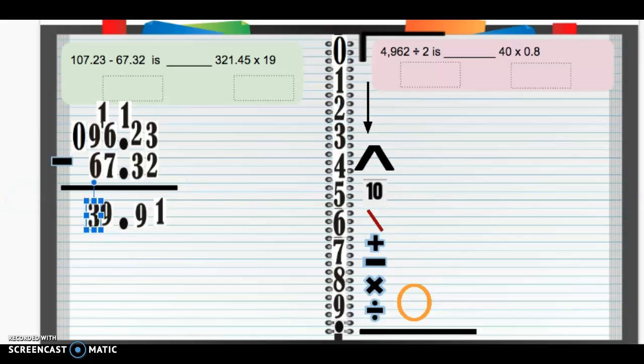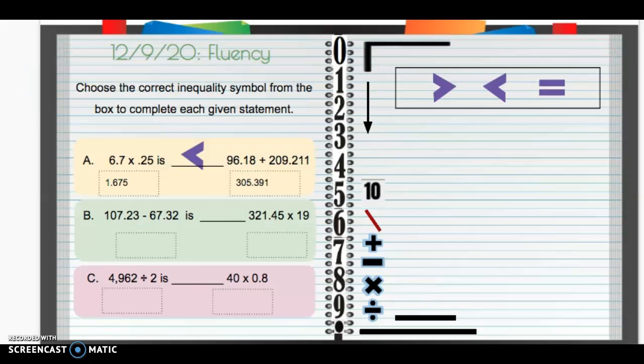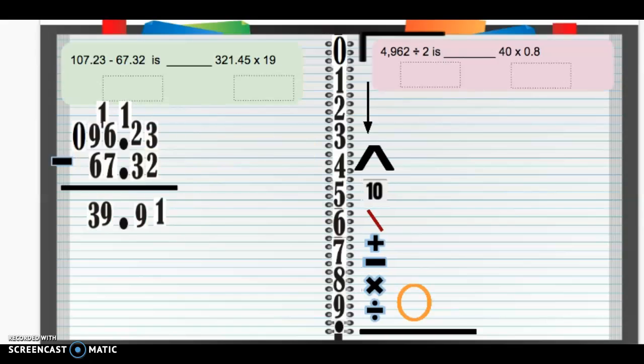So we would go back to the problem, and we can put it up here, but it has to go back on the original fluency page. So we had 39.91, 39 and 91 hundredths. So now we have to find the product of 321 and 45 thousandths and 19.